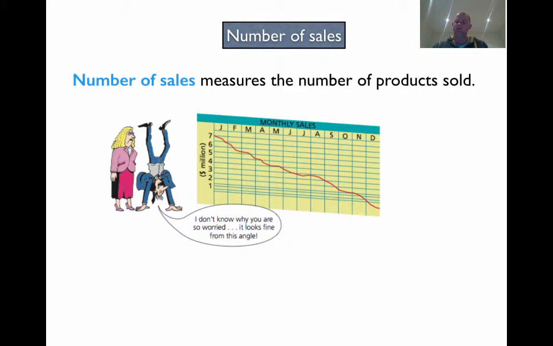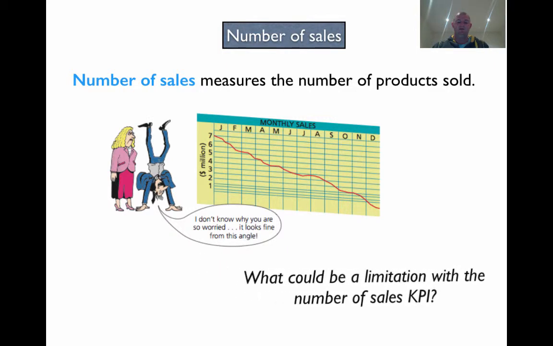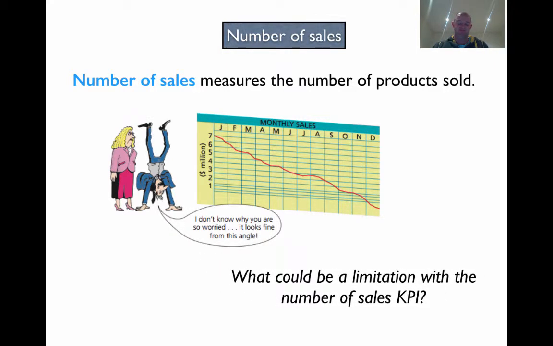So it's the measurement of the total number of products sold or services sold. However, there are limitations with the number of sales as a KPI. Now, one can sell a hell of a lot of product, but it really depends on how much they're selling that product for and at what quality they're selling the product.